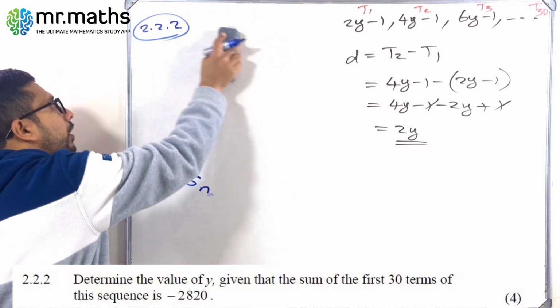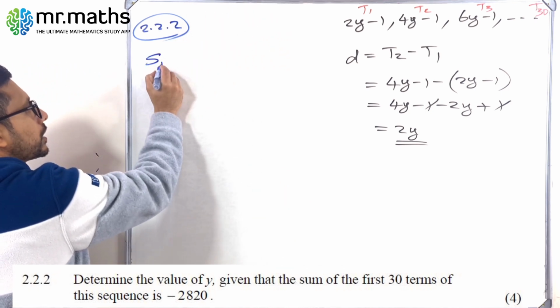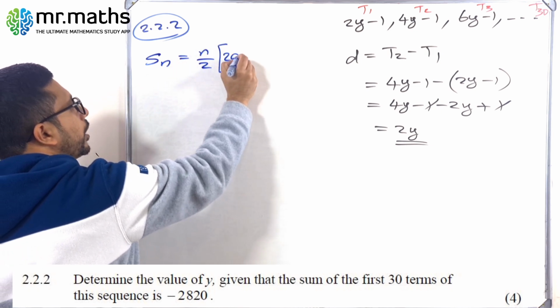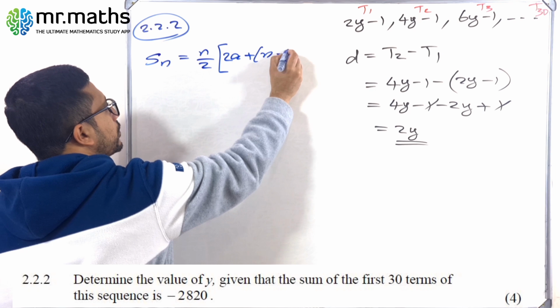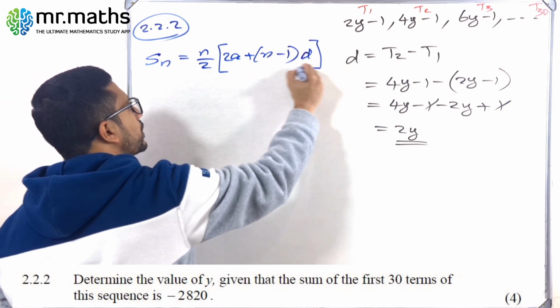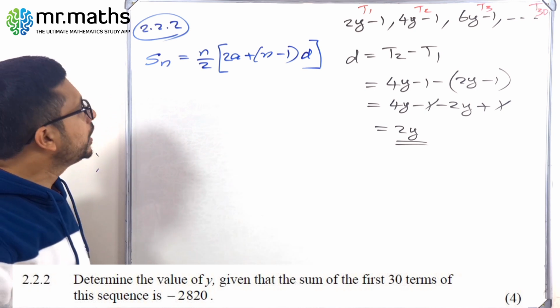What is the sum formula? Sn is equal to, this is an arithmetic sequence, so the formula is n over 2 into 2a plus n minus 1 into d. Am I right? This is the formula to find the sum of an arithmetic sequence.